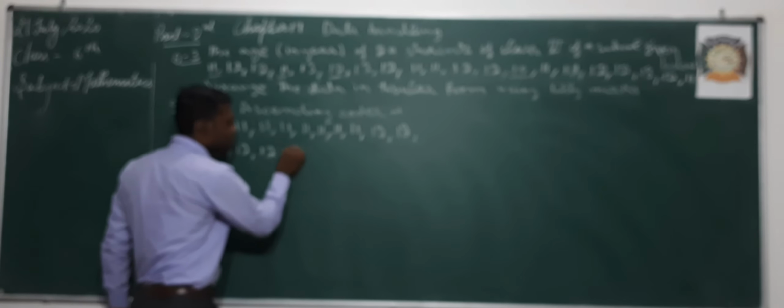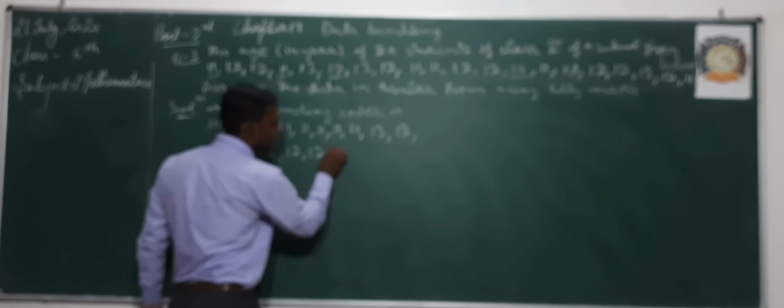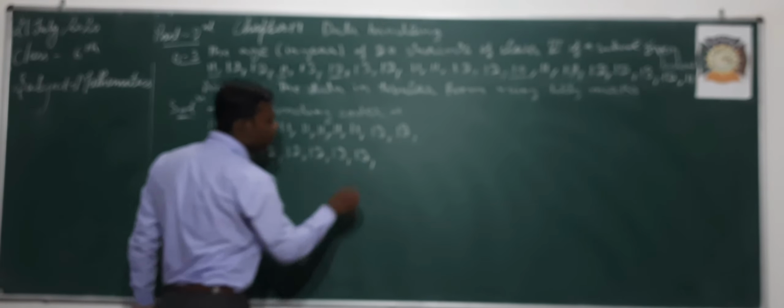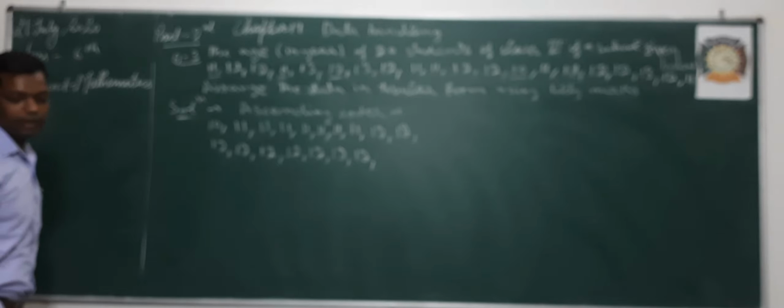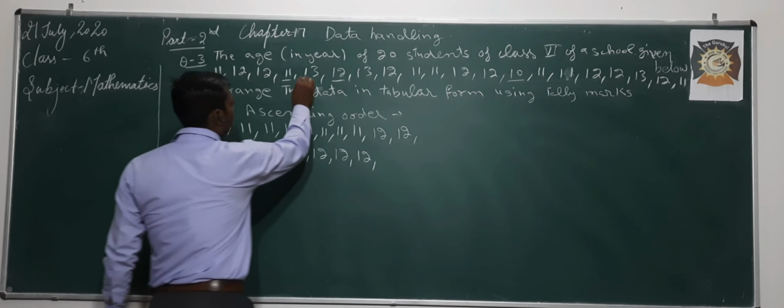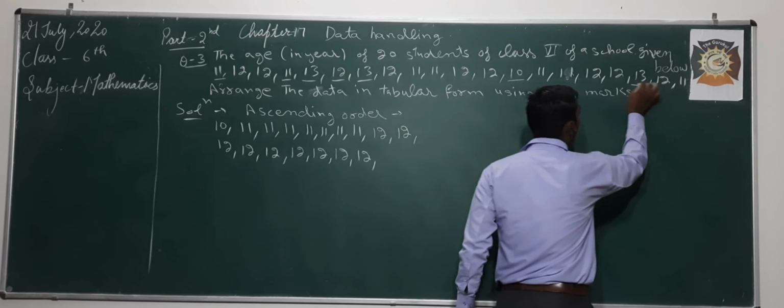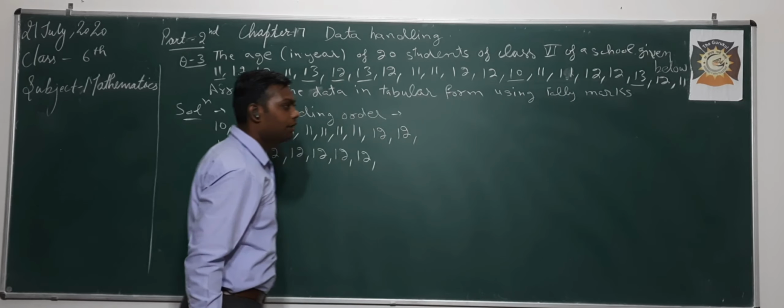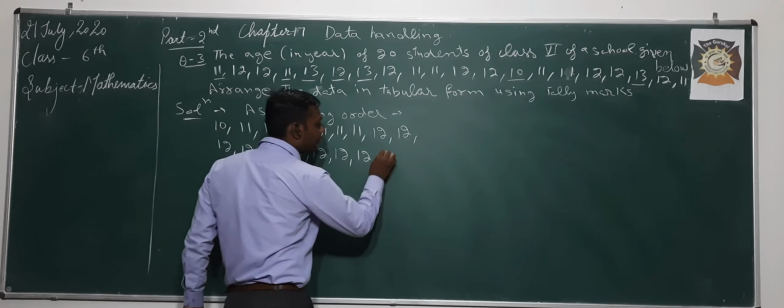And the last is 13. And 13 appears in this data 3 times: 1, 2 and 3. And 13 appears only 3 times. That is all the data.